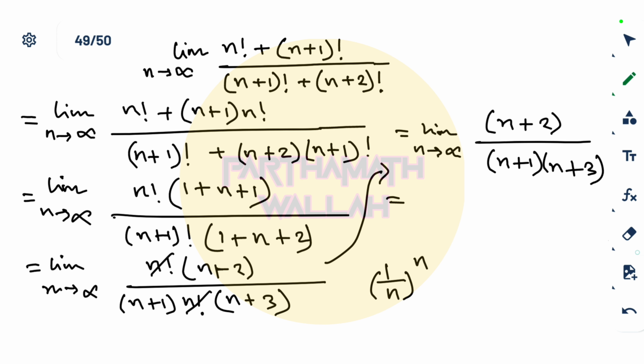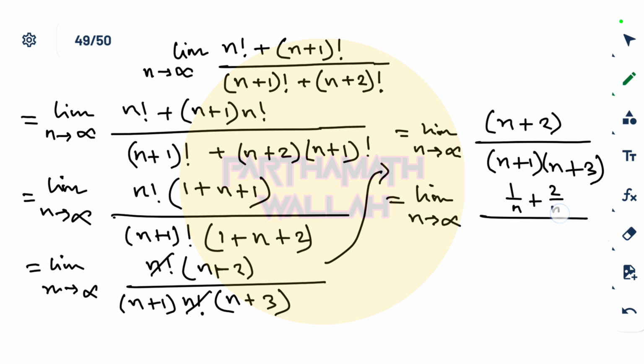It is easier to approach now: in the numerator n has a single power, and in the denominator it's n squared. So we will divide both sides by n squared, which gives 1 by n plus 2 by n squared in the numerator. Here n squared will be split into n and n in each of the factors, so the first factor gives n into 1 plus 1 by n, and the second gives 1 plus 3 by n.